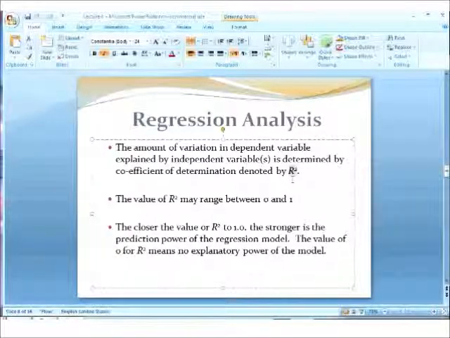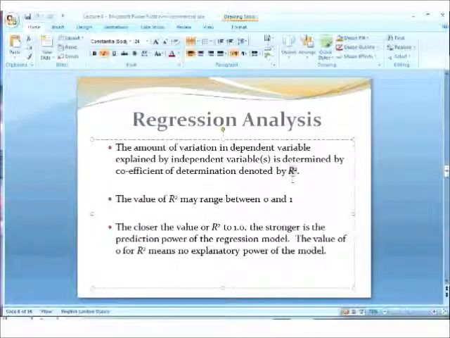That variation is being very well explained by our independent variables. If that is the case, then for that regression model, our R square will be closer to 1. If R square is 0, our independent variables are not able to explain any variation in our dependent variable. The closer it gets to 1, the stronger the relationship.